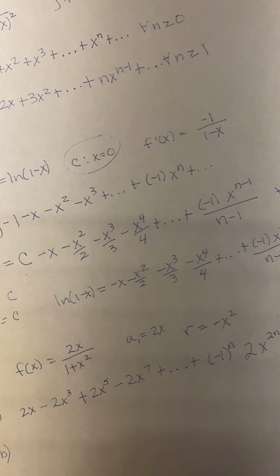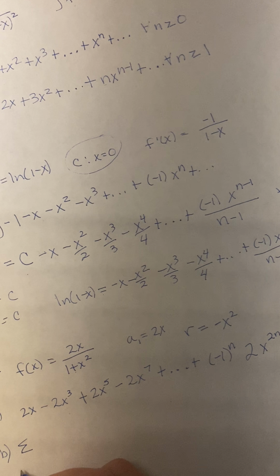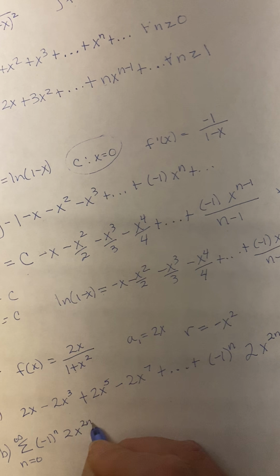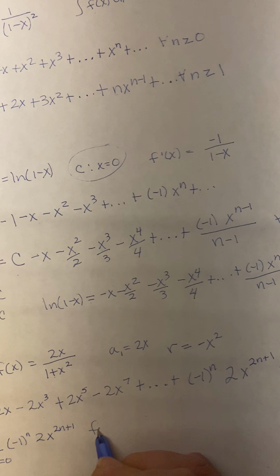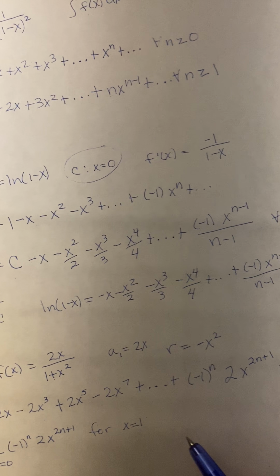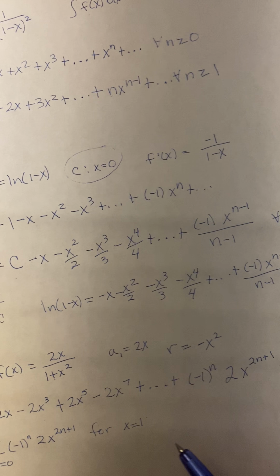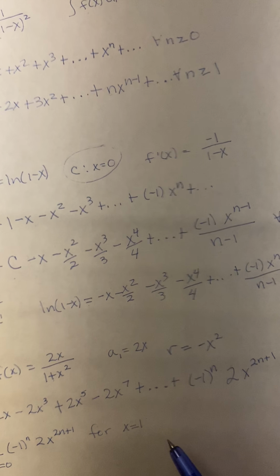If we wanted to say the sum of n equals 0 to infinity of our nth term, so we got negative 1 to the n, 2 times x to the 2n plus 1, for x equals 1, remember that's what they're asking us about, if the function is going to be the same as the series here.